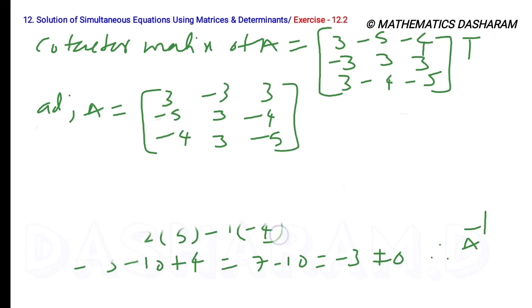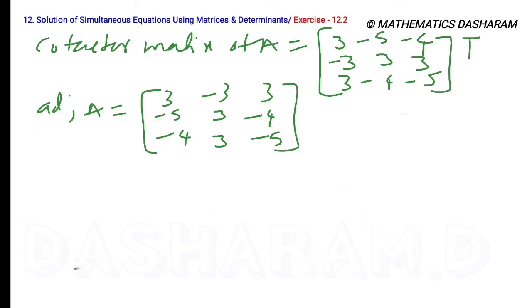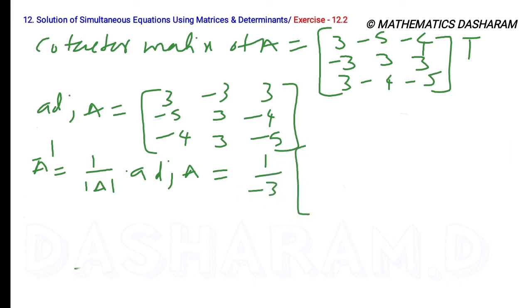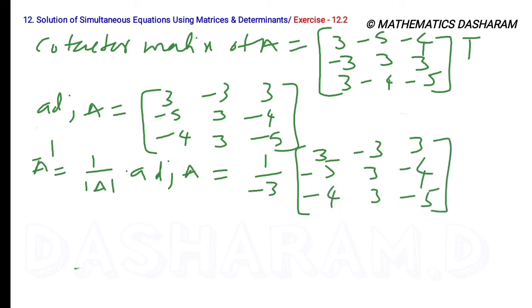So next, A inverse equals 1 by mod A into adjoint of matrix A. 1 by mod A value is minus 3. So here the adjoint of matrix A is 3, minus 3, 3, minus 5, 3, minus 4, minus 4, 3, minus 5. Let's find out our required answer, that is the variable matrix.